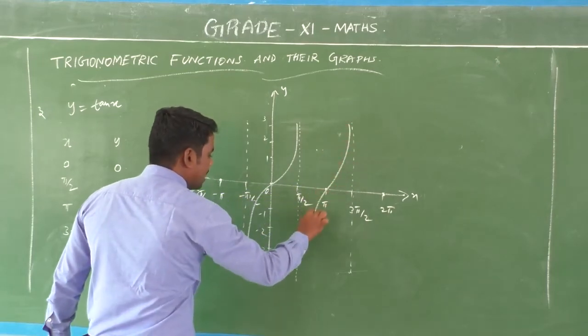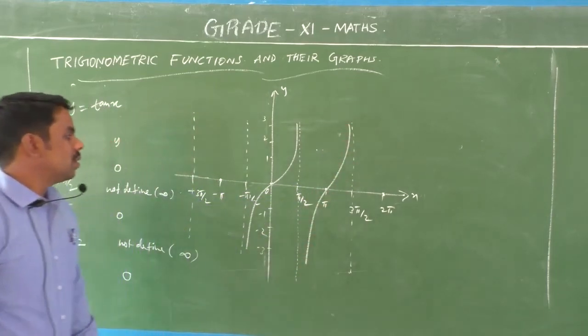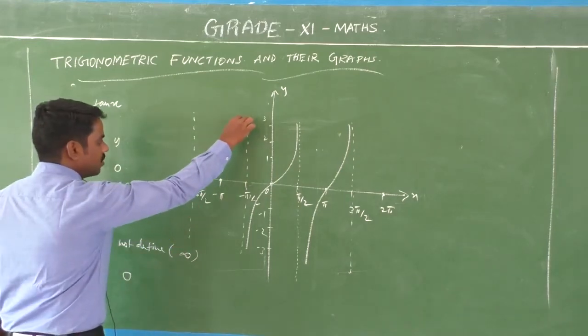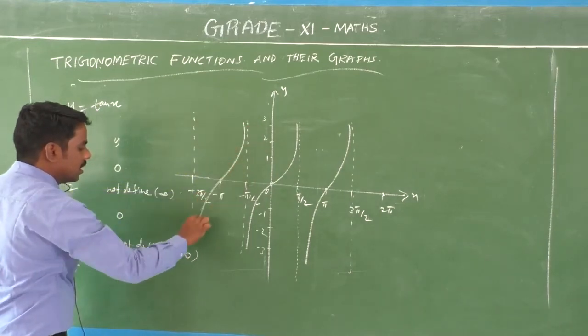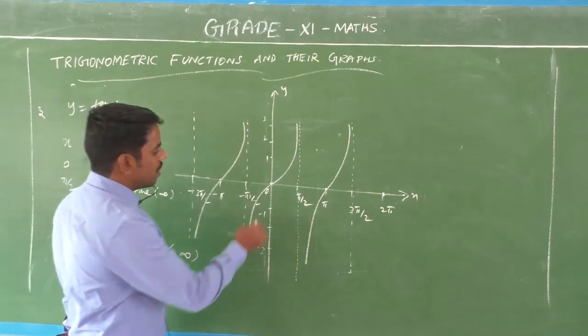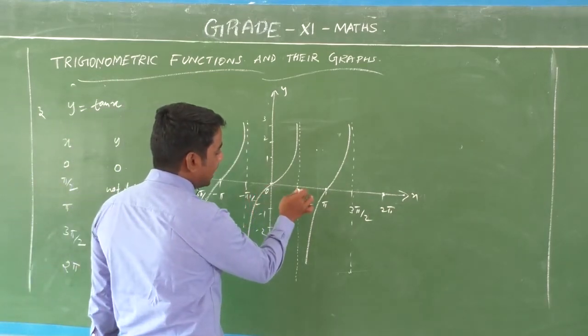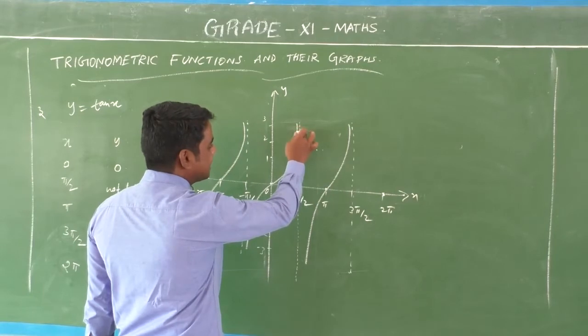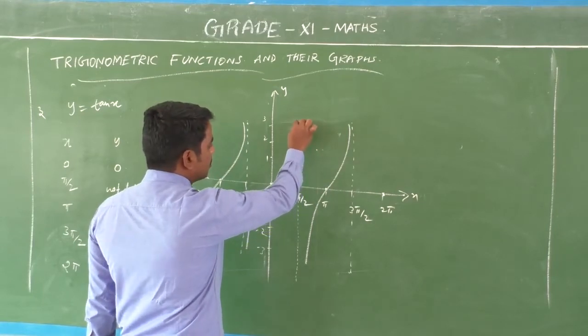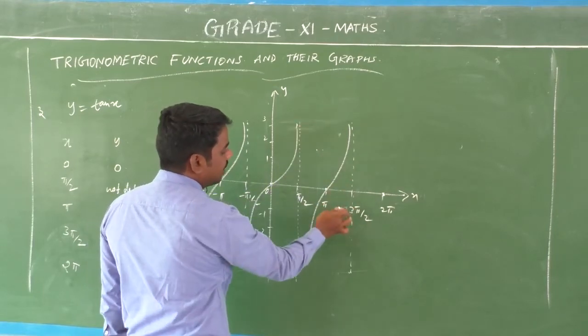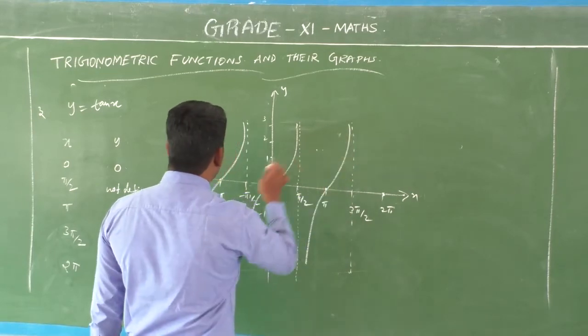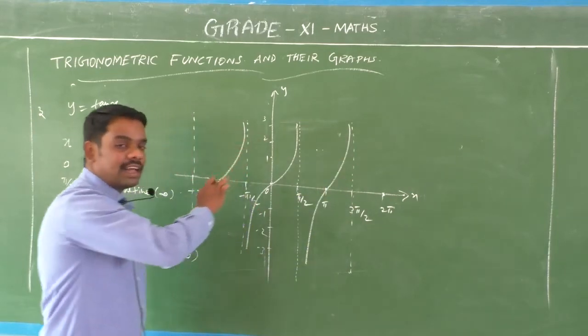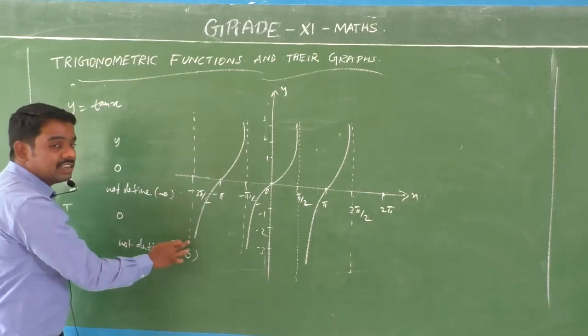This is the y equal to tan x curve. Here the curve passes through 0 comma 0, and at x equal to pi by 2, tan x is not defined. At 3 pi by 2, tan x is not defined. At minus pi by 2, tan x is not defined. At minus 3 pi by 2, tan x is not defined.